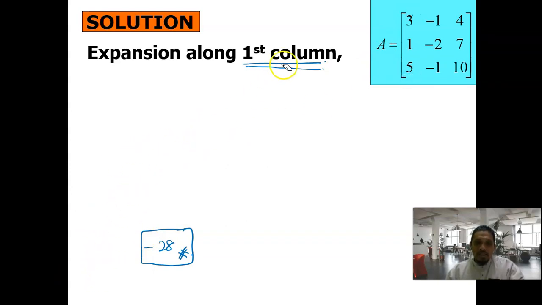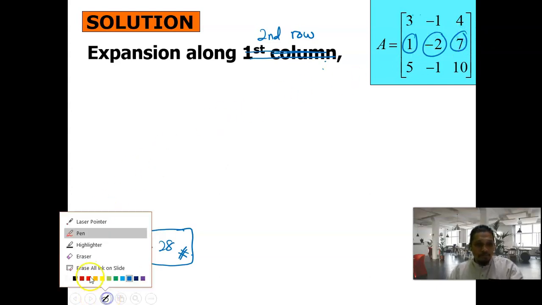Okay, let's say I change the question here to expansion along, let's say, the second row, which is 1, negative 2, and 7. Okay, let's try.